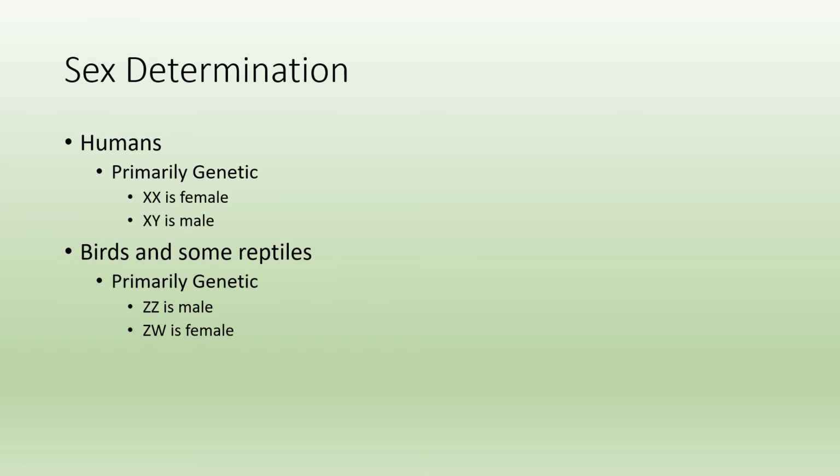So, we're going to start our discussion of reproduction in vertebrates by talking about the sex determination system. This determines whether an individual is male or female.